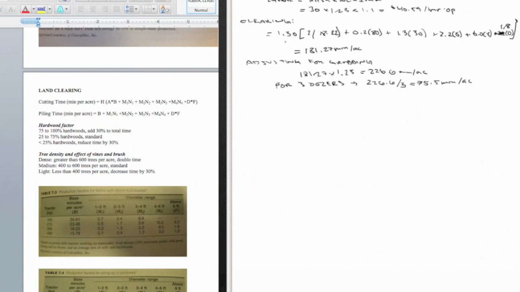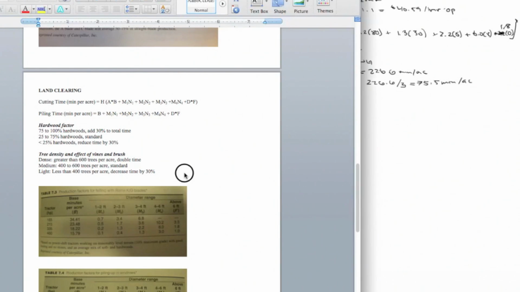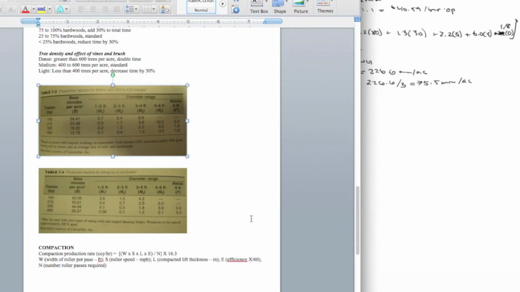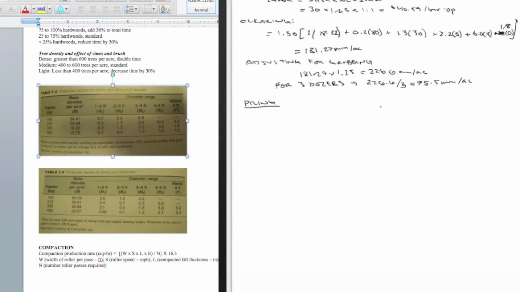Alright, so we did clearing and grubbing, let's do piling. Piling is a similar equation: B plus M N, plus D F. The only difference really is that you need to pull from this other chart. Here's 335, here's your new B, your new M's, your new F. All your N values stay the same.